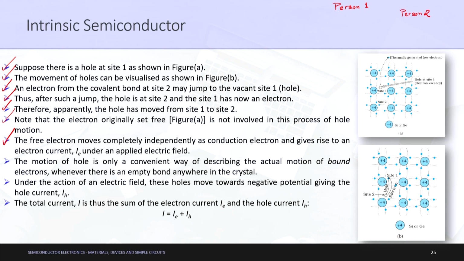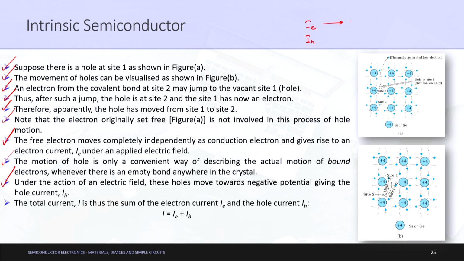Next thing is under the action of an electric field, these holes move towards negative potential, giving the hole current IH. Now be very clear. Let me just write everything so that it becomes much clearer. There is a current called IE, there is a current called IH.